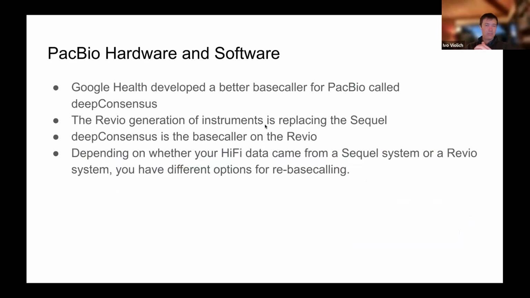Very recently, in the last few months, the Revio has rolled out. This is a new sequencer from PacBio that replaces the Sequel, most recently the Sequel 2. DeepConsensus is the base caller on the Revio, so the output from the Revio is DeepConsensus called bases.